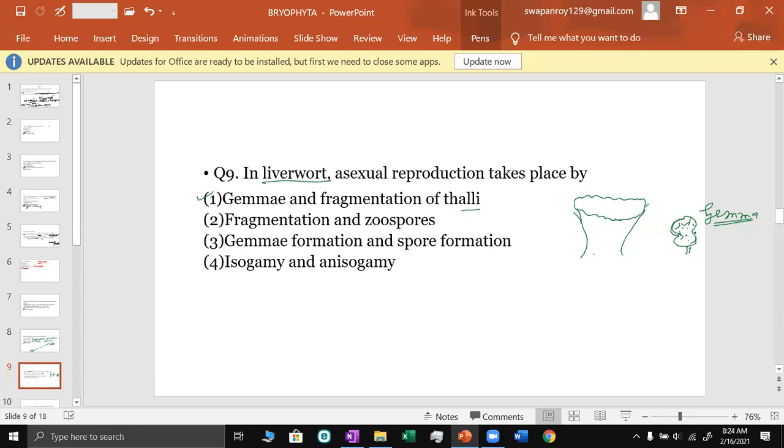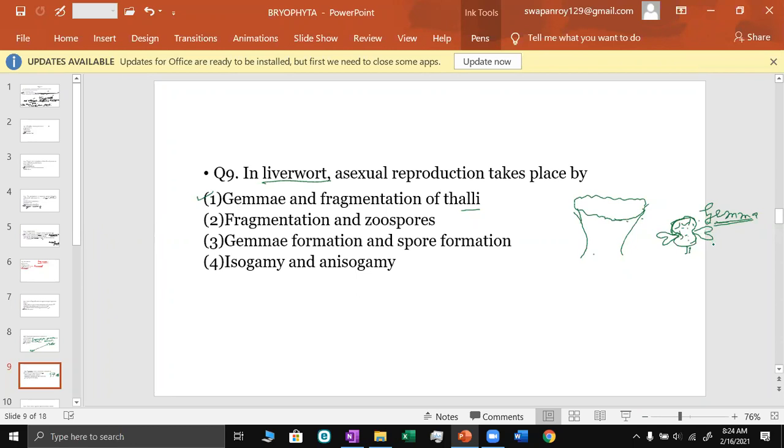When gemmae germinate, they easily get detached. Within a cup, many gemmae are produced, and when these germinate, they give rise to a new plant from the lateral notch-like structure.